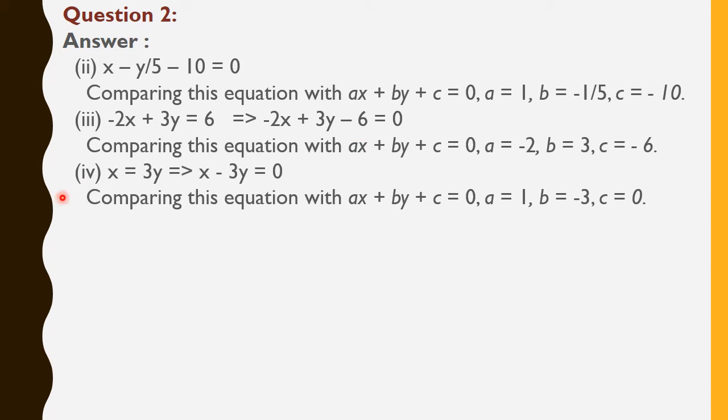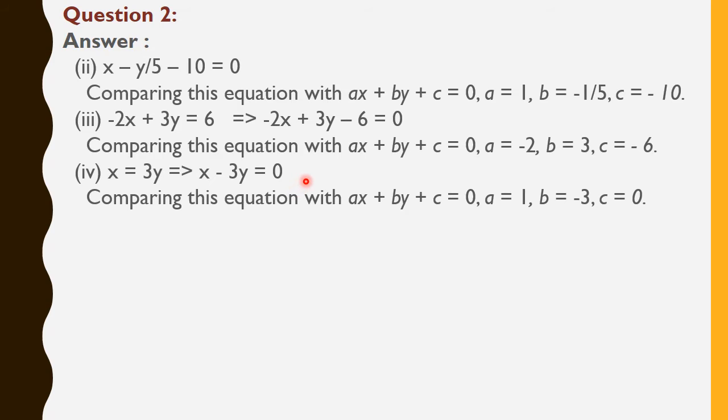In the fourth equation, x is equal to 3y. Again let us bring it into the general form. So we'll get x minus 3y. We are simply taking the right hand side to the left hand side. We do not have to see whether it is a constant or a term with a variable, but we have to bring everything to the left hand side.